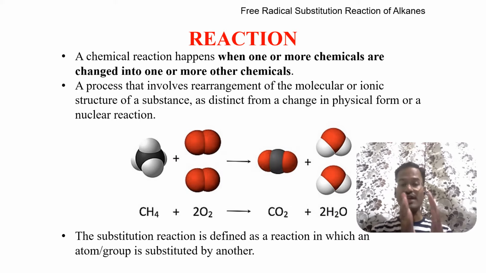That is, reactants react with each other and form a combined product. But as a chemist, if you ask me what a reaction means, it is nothing but breaking down of an existing bond and formation of a new bond. This is called a reaction.